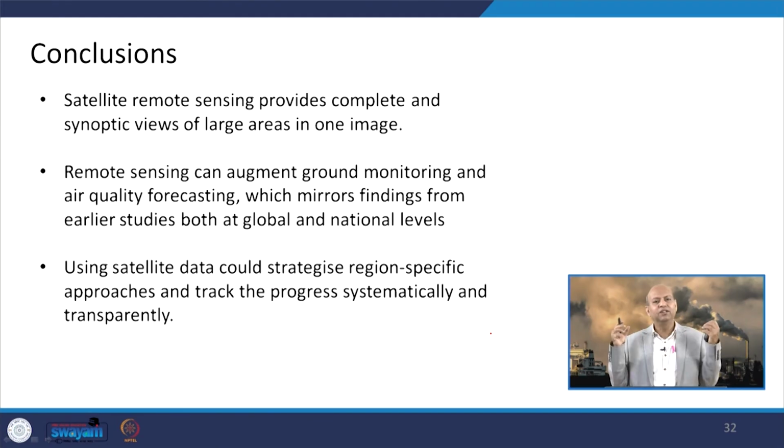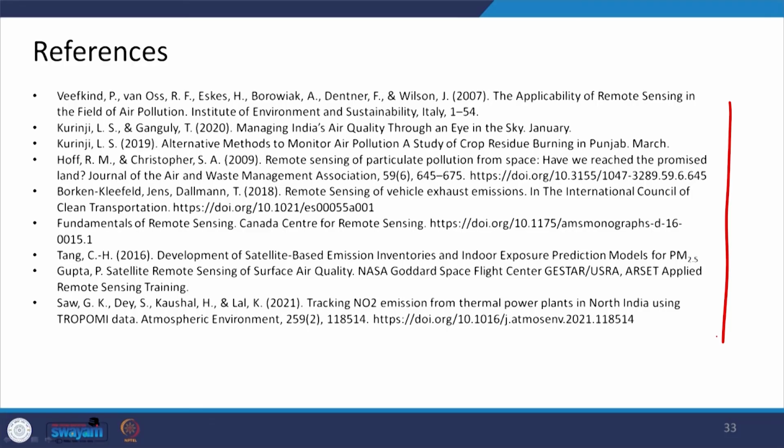So it can strengthen those efforts, and satellite data can be used for strategies like region specific approaches, or to track the progress systematically and transparently, so that there are no big chances of big errors. That can be done by the application of remote sensing data and satellite based products. These are the references for additional information.